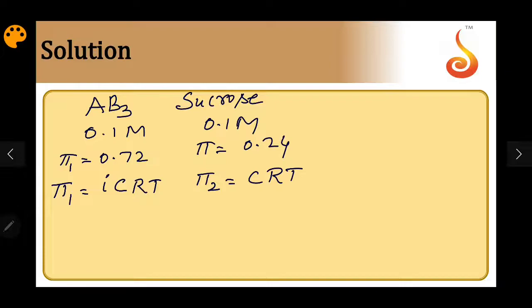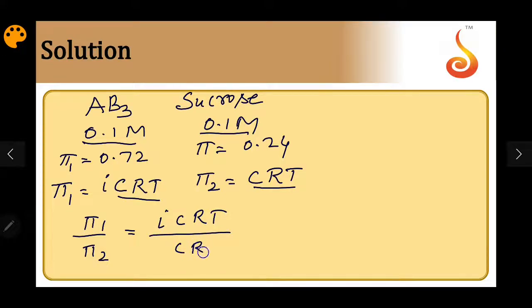So pi 1 by pi 2: C is same, R also same, T also same. So it's going to be ICRT by CRT, so it gets cancelled. So I is equal to 0.72 by 0.24, which is equal to 3.